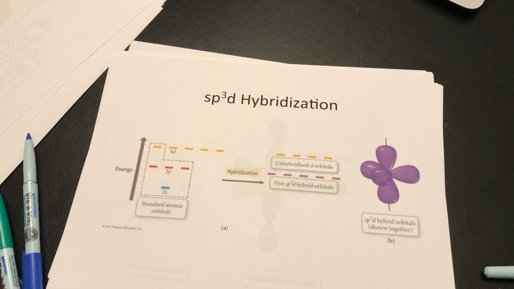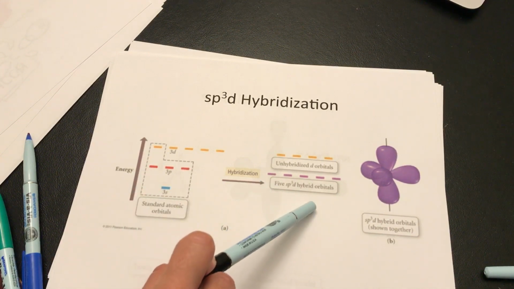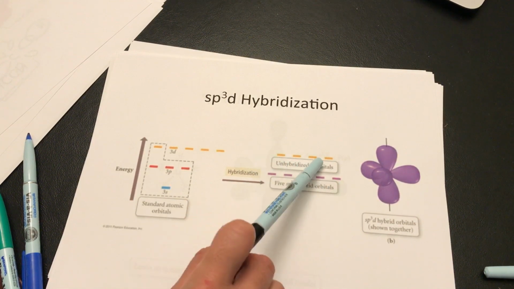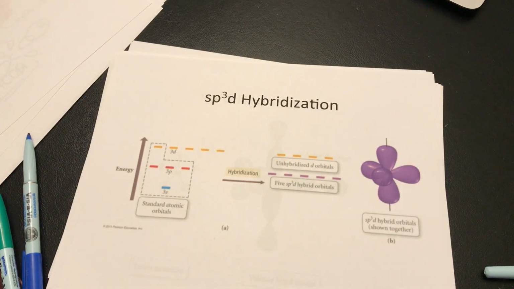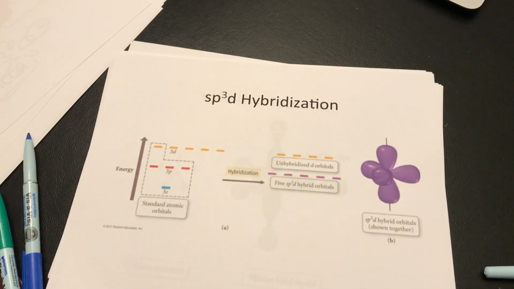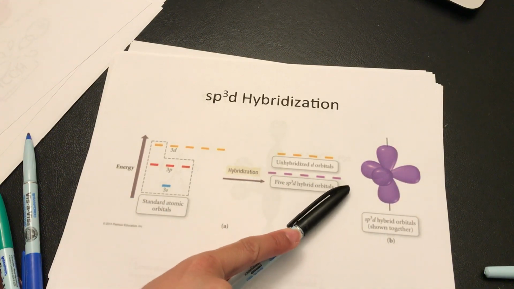So we need to make room for those electrons. 3s, 3p, and d come together to form sp3d hybrid orbitals. 1, 2, 3, 4, 5. With 1, 2, 3, 4 unhybridized orbitals. The 4 unhybridized orbitals comes from the remaining 3d. Remember that you always have those orbitals there for every element when it allows with the quantum numbers, even if they're unfilled. This allows us for a trigonal bipyramidal geometry.